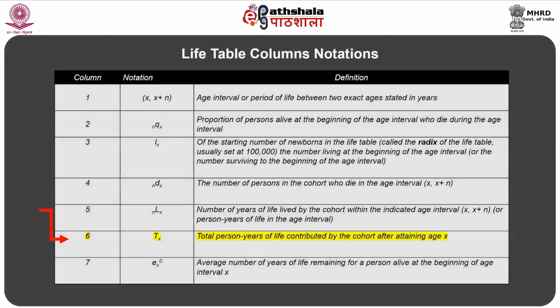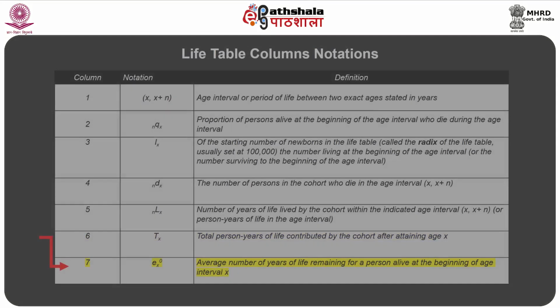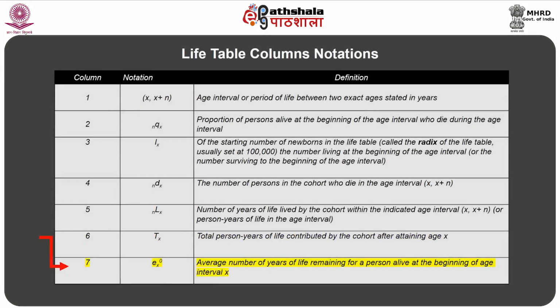Column number 6, capital Tx, total person-years of life contributed by the cohort after attaining the age x. Column number 7 is e0x, the average number of years of life remaining for a person alive at the beginning of the age interval x.